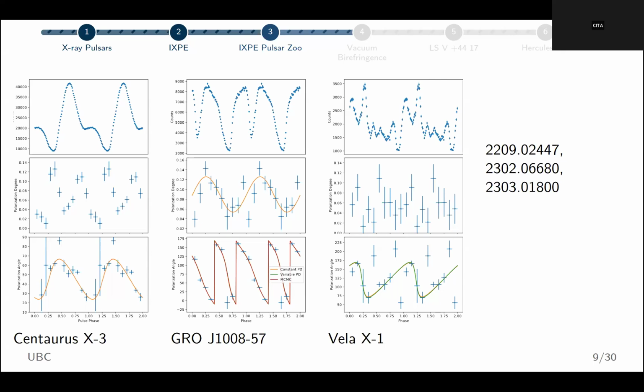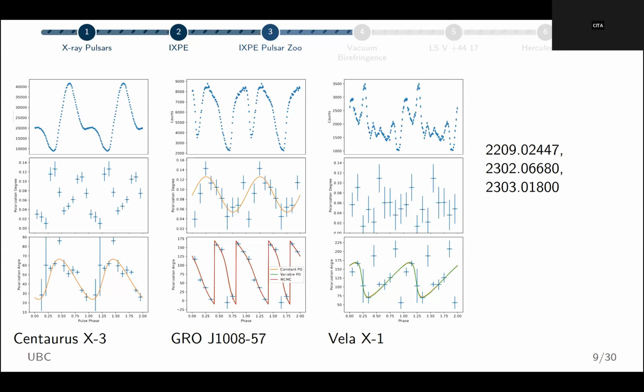So during this phase here, instead of emitting in one of the polarization modes, it's in the other. But when you look at where the polarization is, it's basically doing this. Sometimes you're looking at this finger, sometimes at the thumb, but it's basically just rocking back and forth. Even though this would tell us the magnetic field, oh my God, it's going to be so complicated, but it just goes.